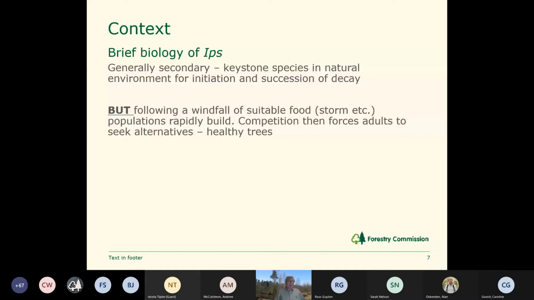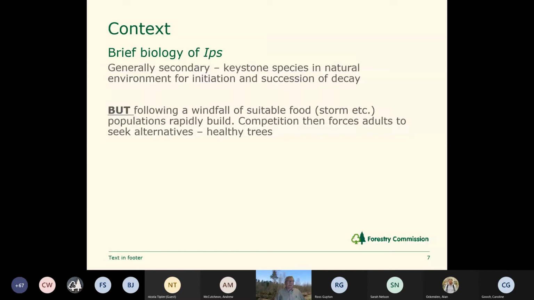A healthy tree will often be able to provide its own defence mechanisms by pumping resin up into the galleries and actually stopping the beetle in its life cycle. But weakened trees, or trees that are overcome by huge numbers, don't have the resource to do that.